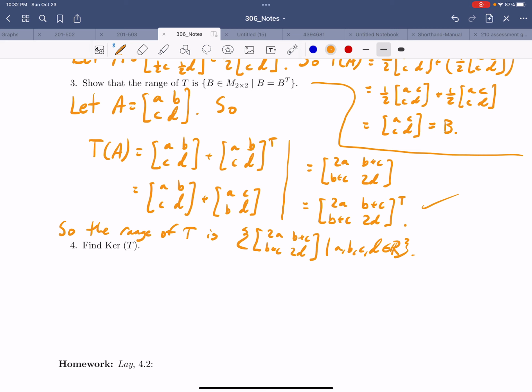Now, using that information, we're going to find the kernel of T. Now, it was very helpful that they asked us part 3 before part 4, because now we know what to expect from T. We know the output.